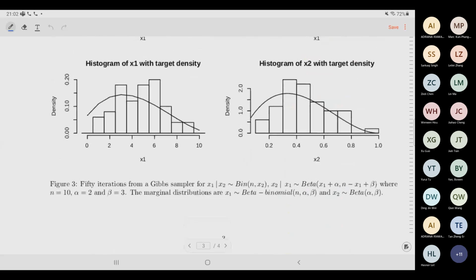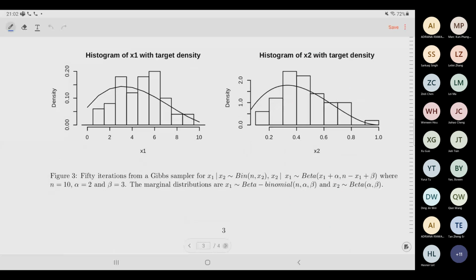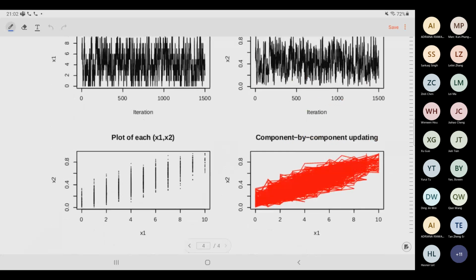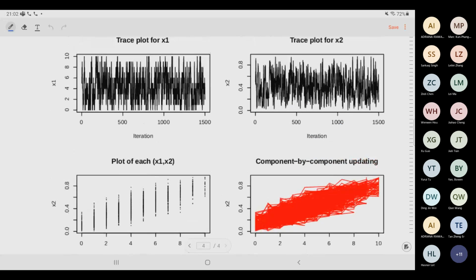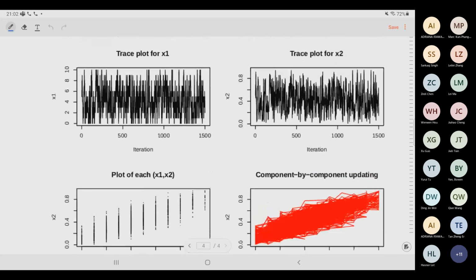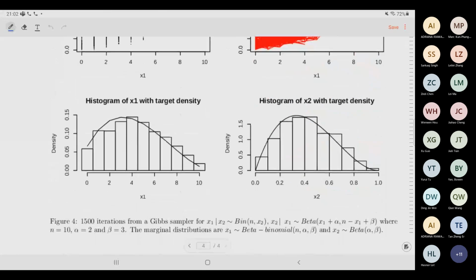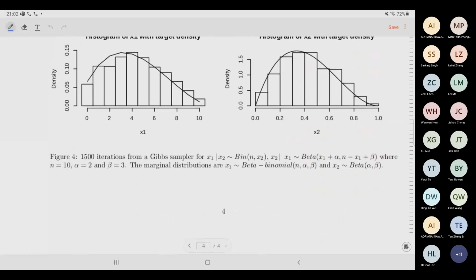So for 50 iterations, and then if you have 1,500, the histogram actually follows the curve, right? And you can see again the behavior. So this is actually because alpha and beta are different. So I think, based on your prior, alpha and beta would be the distribution from your prior. Okay, so this is just for illustration.